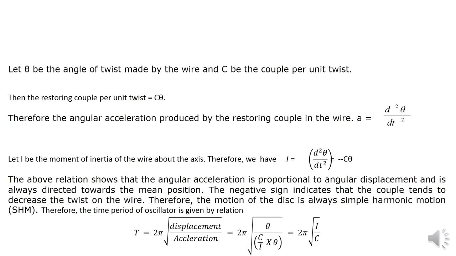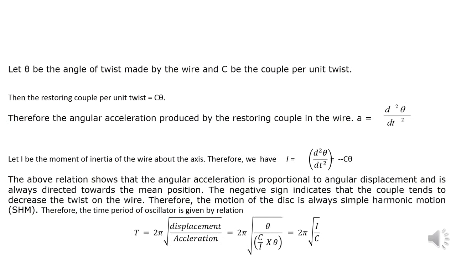The above relation shows that the angular acceleration is proportional to angular displacement and is always directed towards the mean position. The negative sign indicates that the couple tends to decrease the twist on the wire.